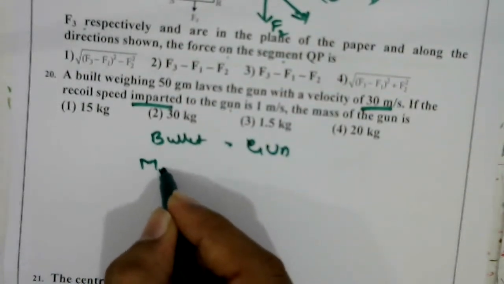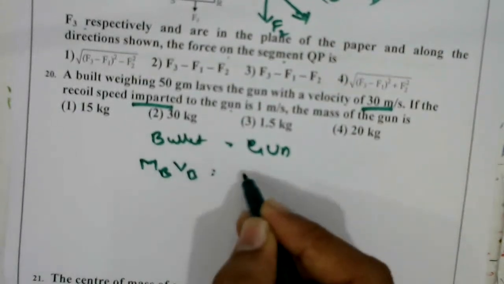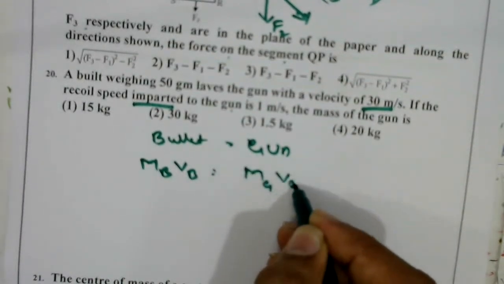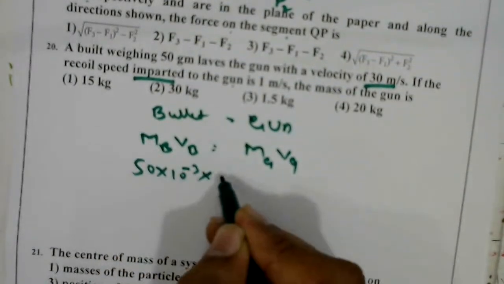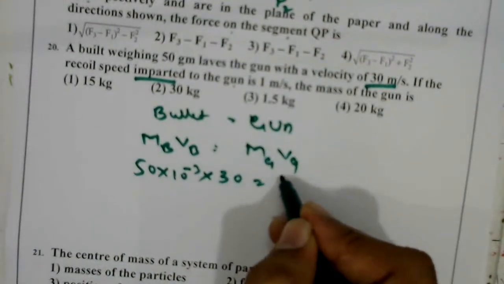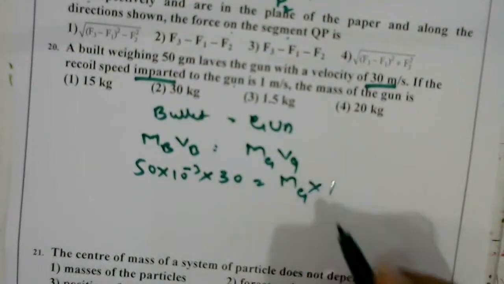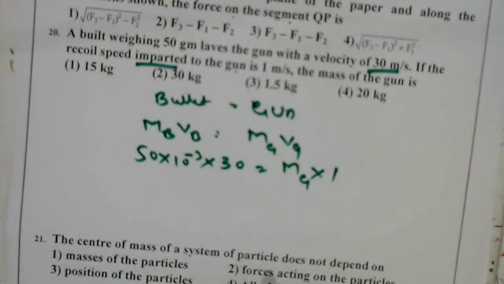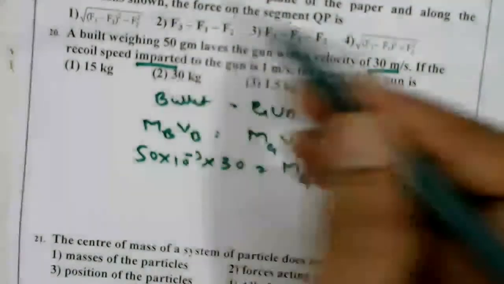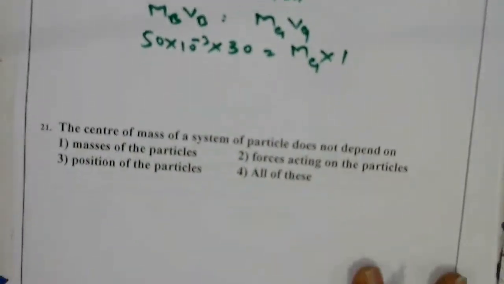This mass of bullet times velocity of bullet is equal to mass of gun times velocity of gun. Mass of bullet 50 into 10 to the power minus 3. Velocity of bullet 30. Mass of gun we don't know. Velocity of gun 1. You calculate this one, you'll get third option, 1.5 kg.